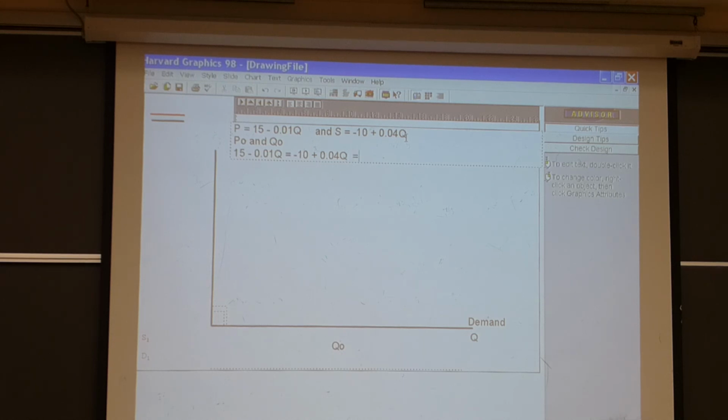And so this implies that Q equals 25 divided by 0.05, which is equal to 500, which implies that P equals 15 minus 0.01 times 500, which is 10, which is supposed to be equal to minus 10 plus 0.04 times 500, which is 20, minus 10 and 20 is 10. So far we're good. You've got 10 marks, got 2 marks.